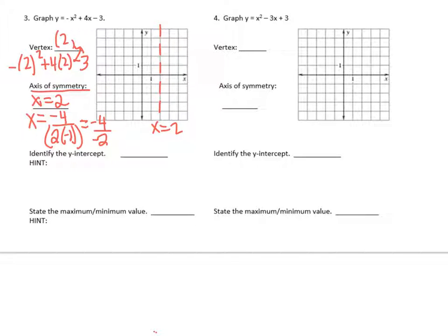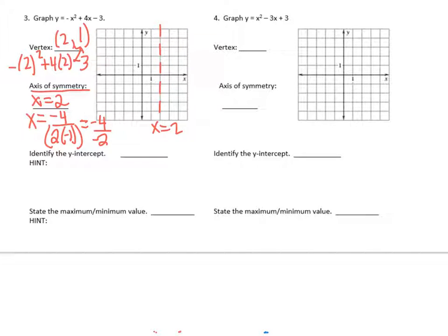Now again, options: follow your order of operations there, or plug it into your calculator and simplify. Either way, you should get 1 as your y value for your vertex. So I'm going to plot that. (2, 1) is right here.